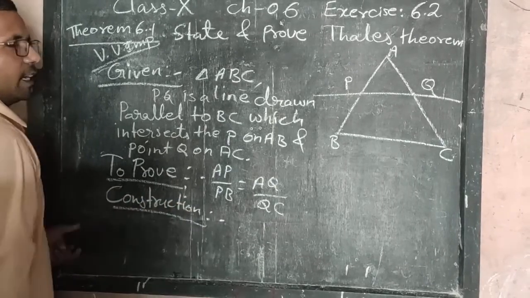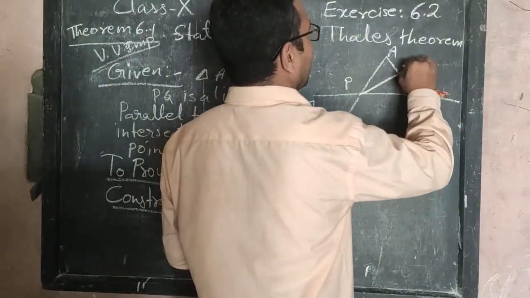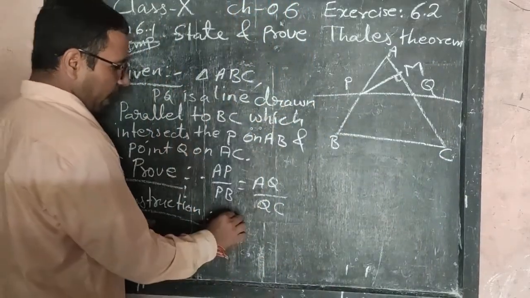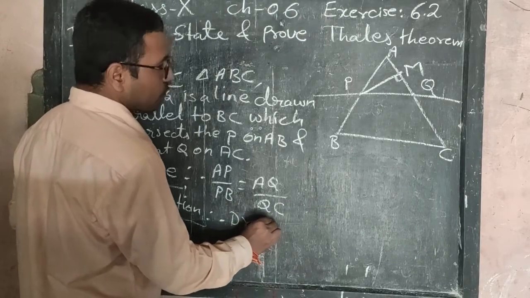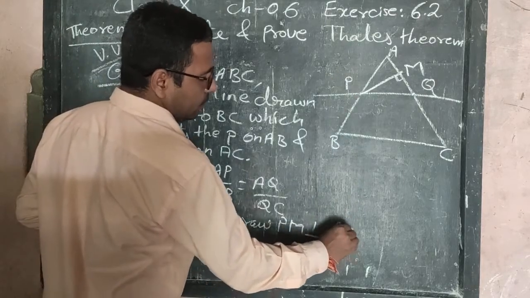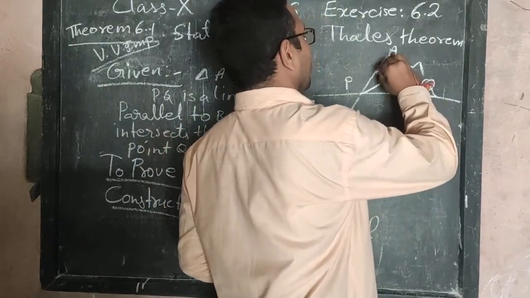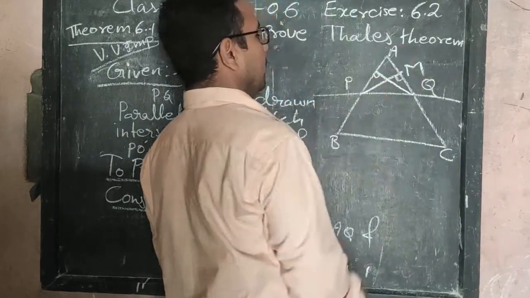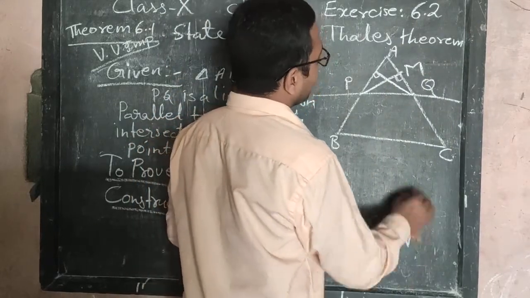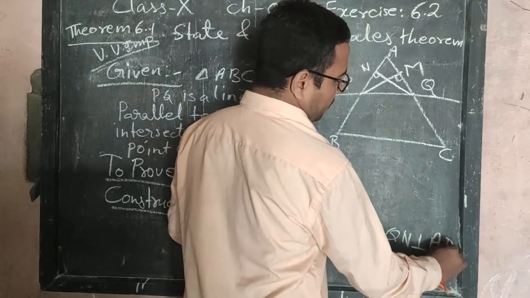Draw PM perpendicular to AQ, and draw QN perpendicular to AP. Take this point as N.